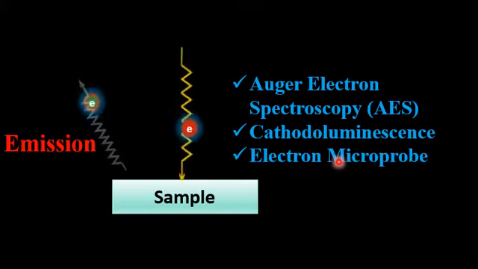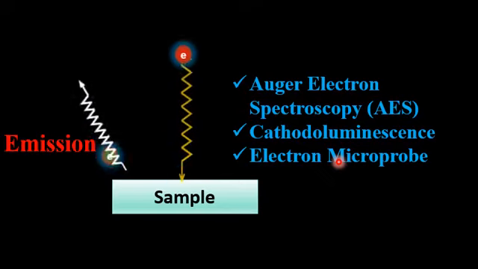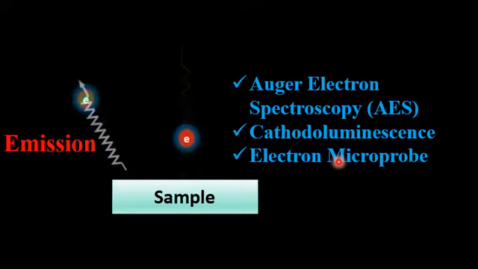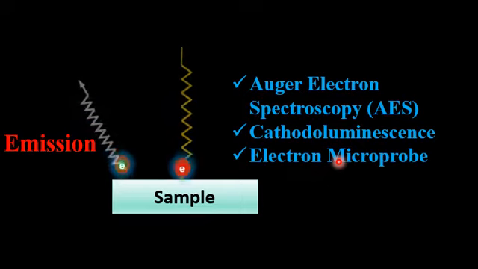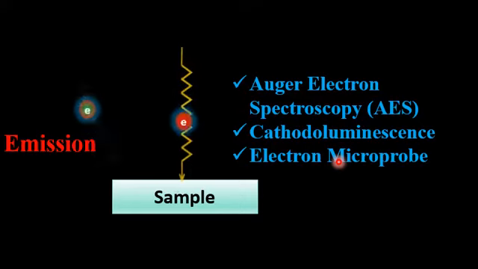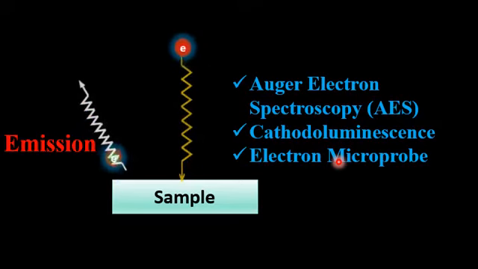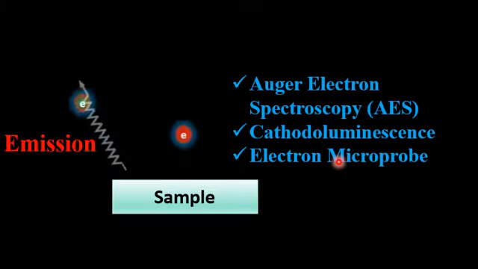So dear students, this is just an overview of the interaction of an electron beam with a metal surface, and the possible techniques which are based on emitted, transmitted, absorbed, or reflected electrons or electromagnetic radiation due to interaction of the energetic electron beam.